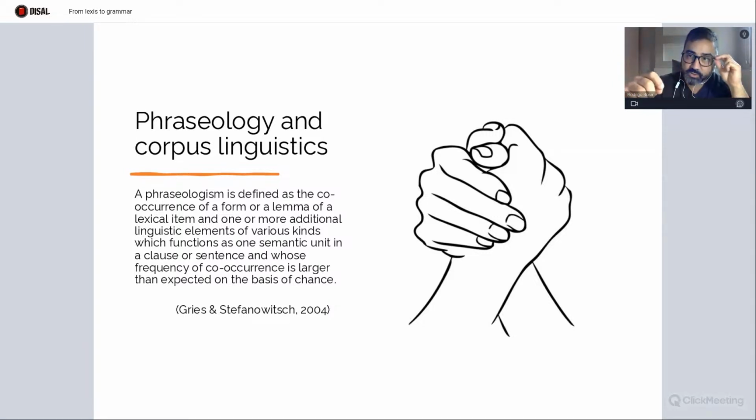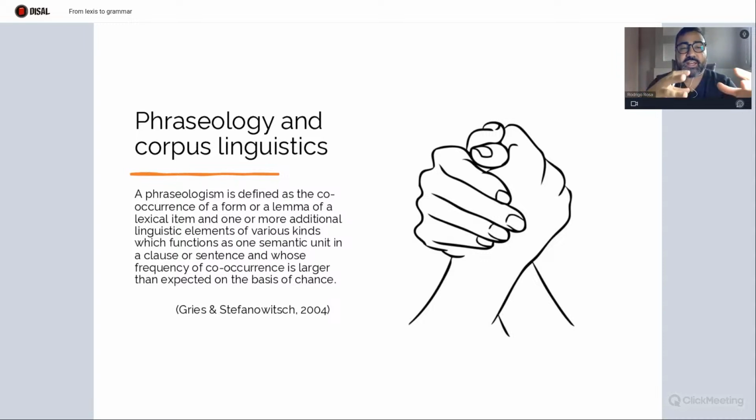All right? So this technological advancement in the area of linguistics, and more specifically corpus linguistics, has made it possible for phraseology to blossom, for the area of phraseology to gain traction and the attention of researchers.